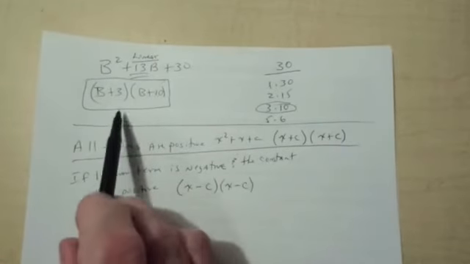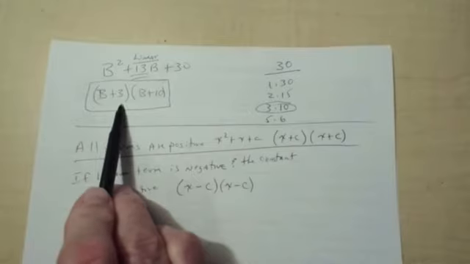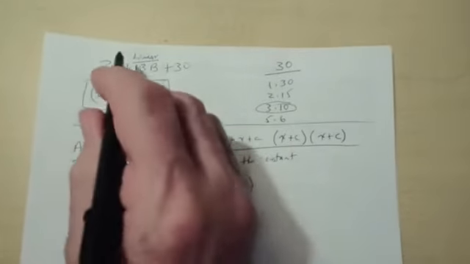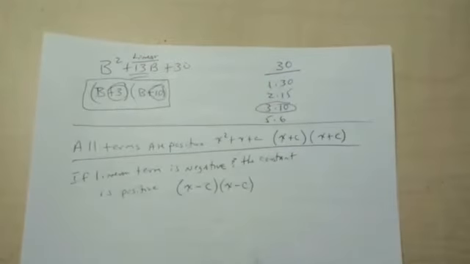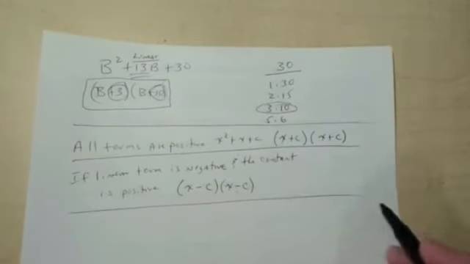Because remember, when we're doing distributive property, the last thing we do before we combine like terms is we multiply this times this. A negative times a negative is a positive. So that's what this is going to look like.